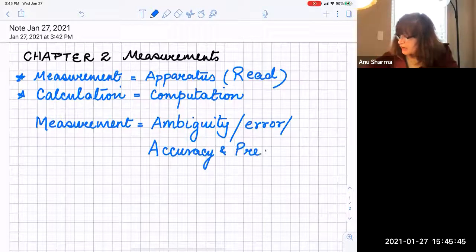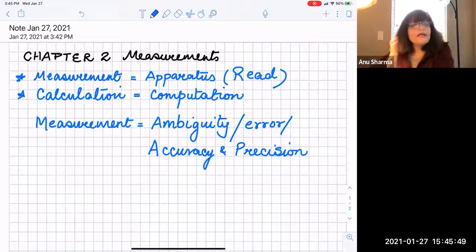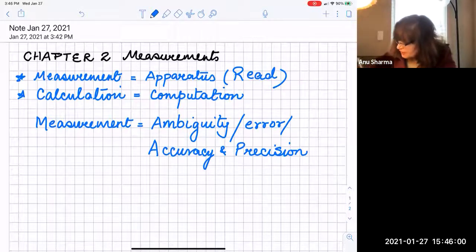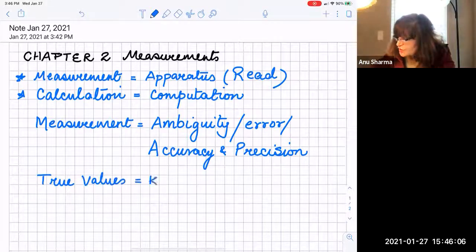Okay, now, normally in the labs, students, because you guys are learning, when we talk about accuracy, that means that the professors know the true value. So when we talk about accuracy, we are looking at the true values. The true values are the values that are already known.